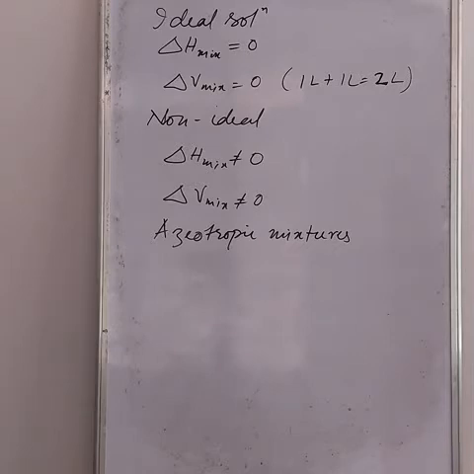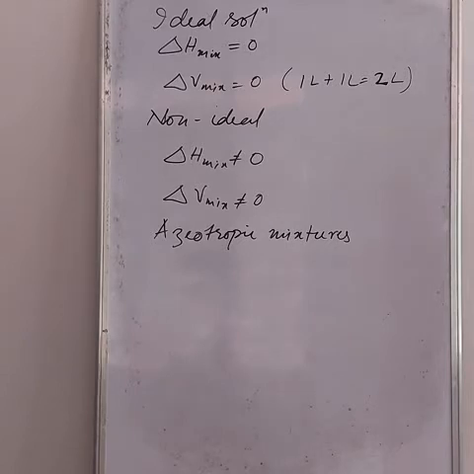That means the azeotropes are liquids which have very close boiling points. So if you try to distill this type of azeotropic mixtures, they distill over as the same liquid. I mean the two components distill over together because their boiling points are very close to each other.